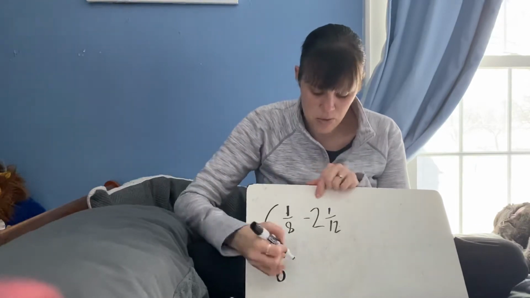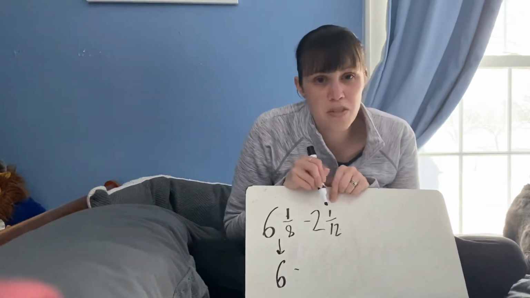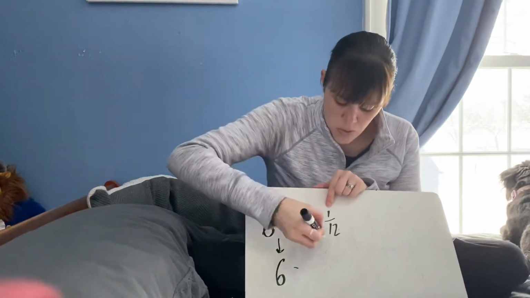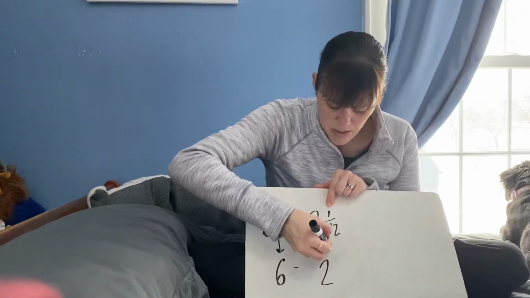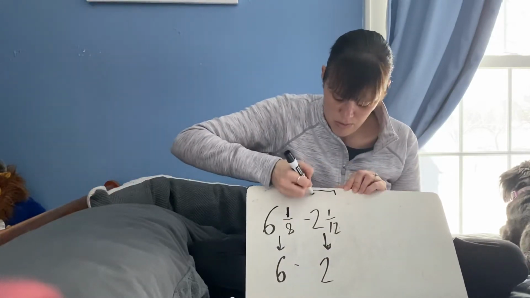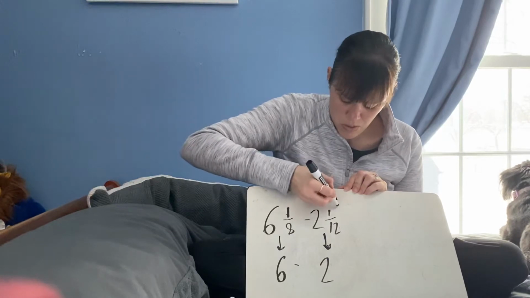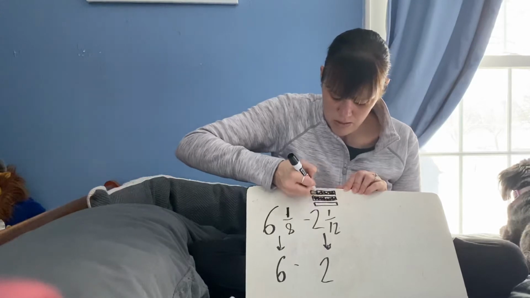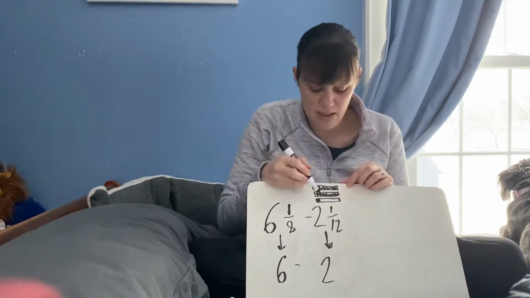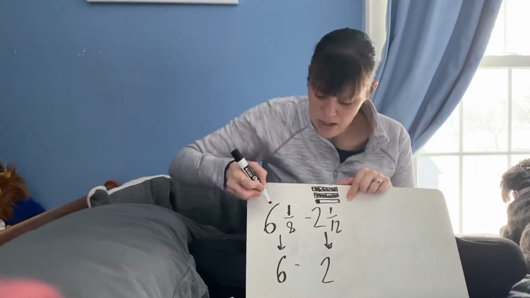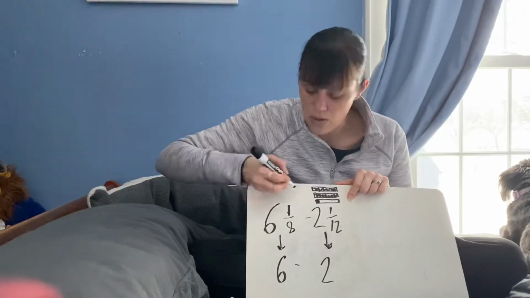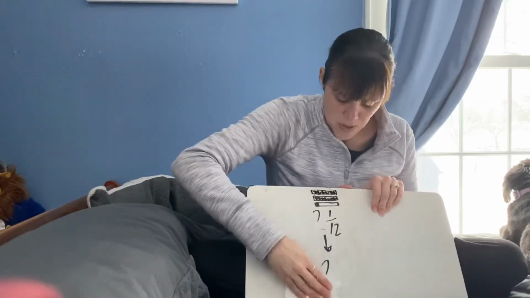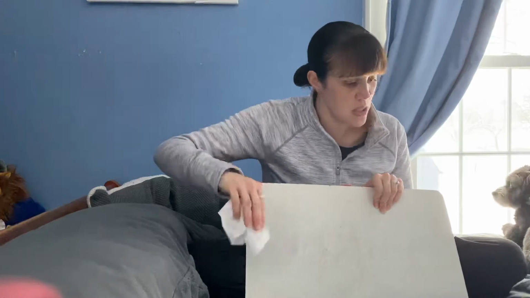So 6 1/8 is closest to 6. 2 1/12, well, if you break something into 12 parts and you're only shading in 1, you're not really close to 1 whole, so that 2 also stays the same. I don't have enough room to draw 6 of them here, but still closest to 6. So 6 minus 2 is 4.